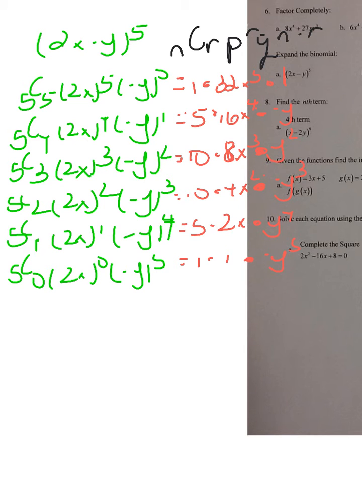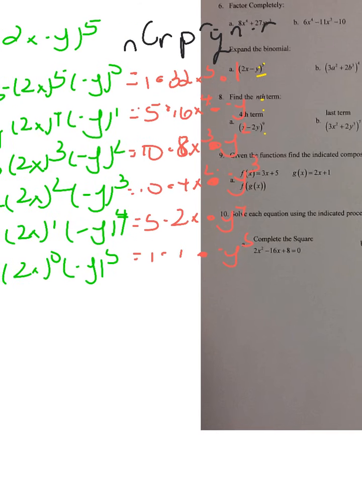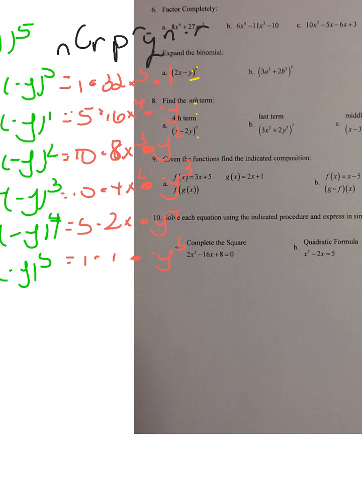I'm just going to write the expansion down here. You should, and then write these over here. I think I can move this over a little bit. All right, so for the first one is 32x to the fifth. And then 5 times 16 is 80, but it's negative because I have that negative y. So it's negative 80x to the fourth y.